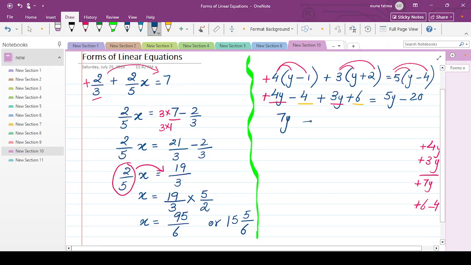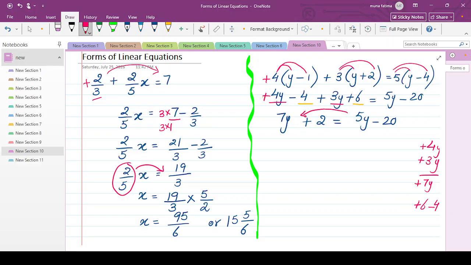So we have simplified the terms on this side, but we still have these terms on the other side, which we need to switch around. What we can do is bring the 5y to this side. It had a positive sign, so when we bring it to this side, it becomes negative. And we end up with 7y minus 5y, and we already had the plus 2, we should not forget about that.